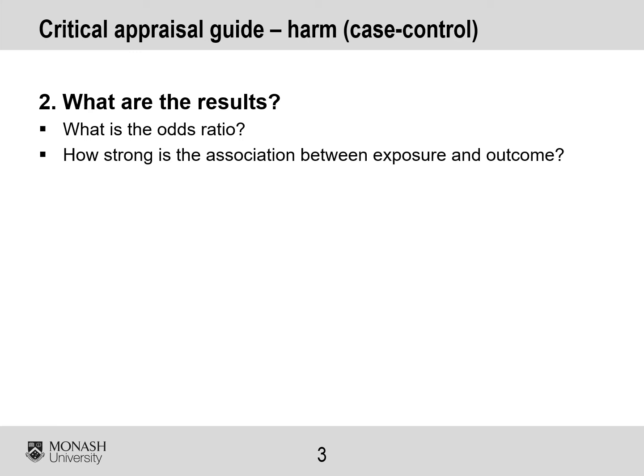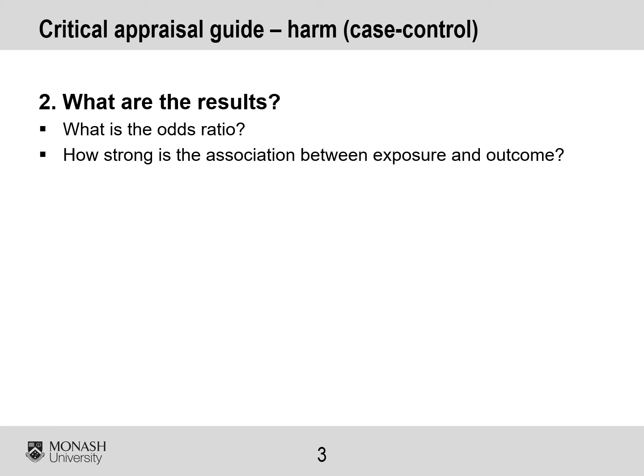How strong is the association between exposure and outcome? What we're wanting you to do here is to interpret the odds ratio. So if the odds ratio is 1.15, being able to interpret that there's an increase in the odds of having whatever outcome it is by 15%.